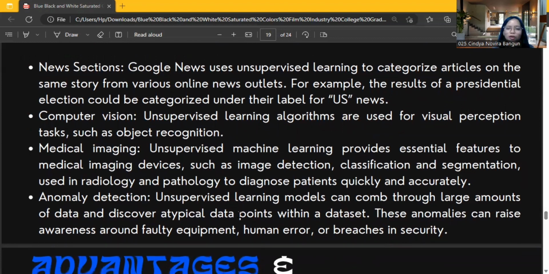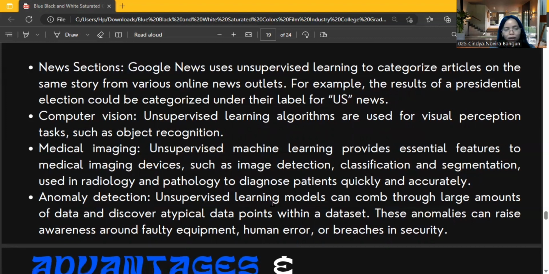Unsupervised learning algorithms are used for visual perception tasks, such as object recognition. 3. Medical imaging. Unsupervised machine learning provides essential features to medical imaging devices, such as image detection, classification, and segmentation, used in radiology and pathology to diagnose patients quickly and accurately.